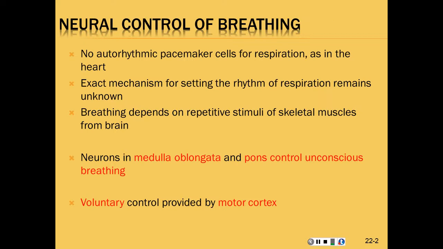The autonomic unconscious cycle of the breathing is controlled by three parts of the respiratory center, in the reticular formation of the medulla oblongata and the pons.